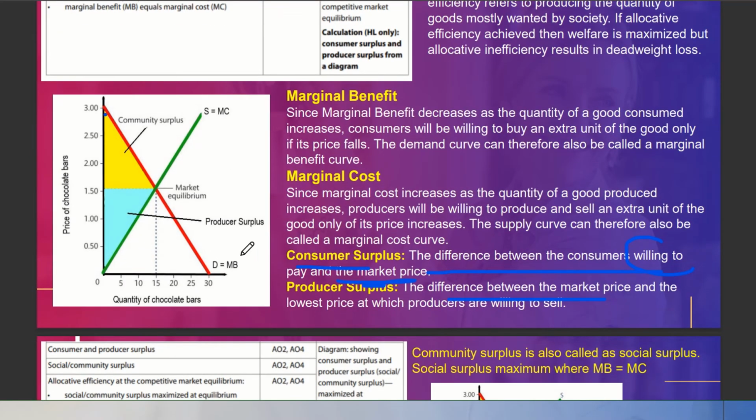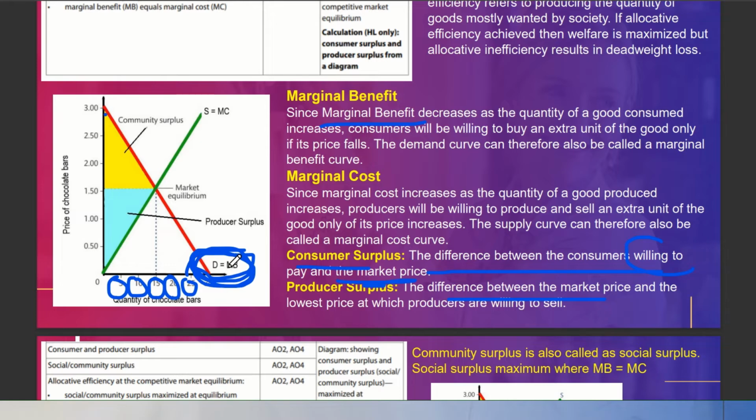Okay, and the demand curve is said to be a marginal benefit curve, because we have earlier discussed diminishing marginal utility. When the quantity increases, additional benefit or marginal benefit decreases.